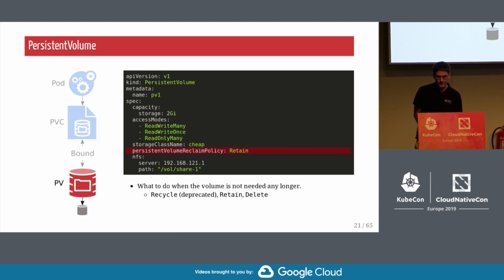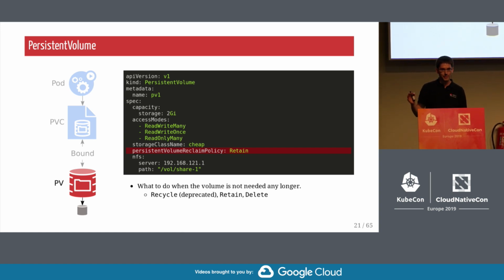And the last bit that's sort of mandatory is what should happen when this persistent volume is not needed, when Kubernetes is done with the volume and it should do something. We will cover that in detail later. So the persistent volume is just a pointer to some storage perhaps outside of Kubernetes.